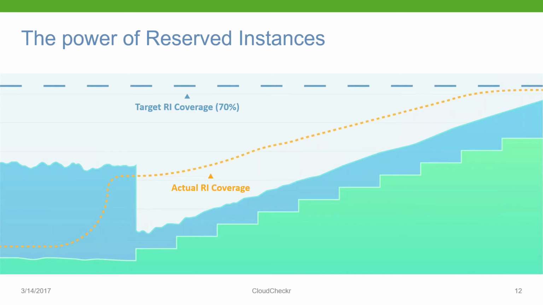You can see each month they're buying the RIs, they are getting the coverage higher. This company took a little bit longer to get their target RI coverage of 70%. It really depends how comfortable you are with your workloads and how comfortable you are buying the RIs and getting approval to spend that money. But this is actually a very typical scenario where they make a huge jump in the beginning and slowly work their way up.